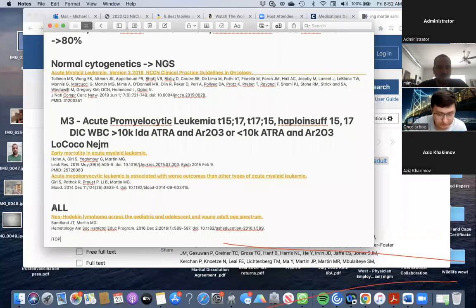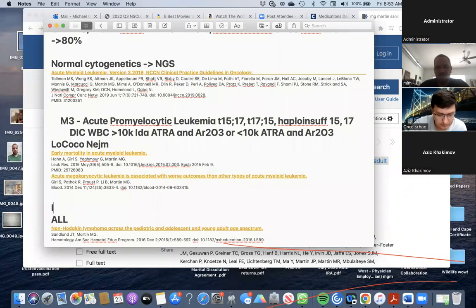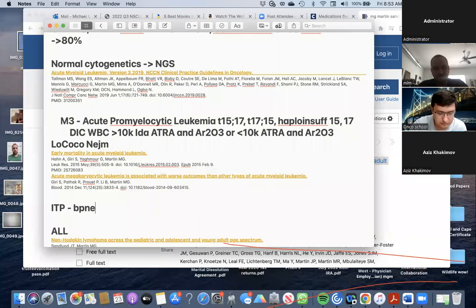ITP, and the way that we work up ITP as an outpatient is everyone gets a bone marrow biopsy. And then we check everyone for H. pylori. Right? Because H. pylori, as you know, is just a gastric infection that can cause ITP.